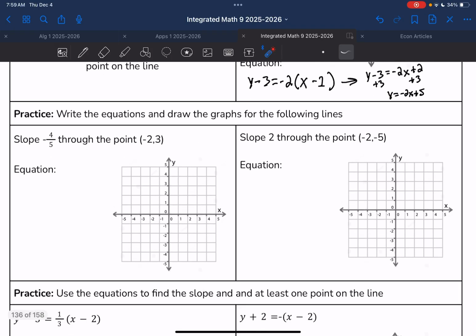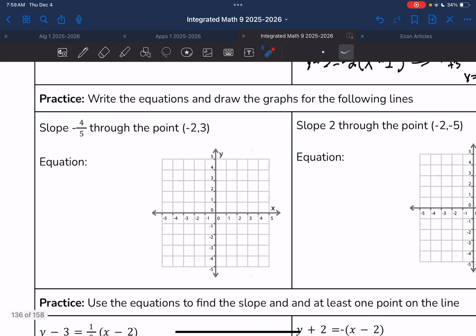That works too. All right, so now we have some examples down here where we want to write the equation and draw the graph. So I'll start with the graph. We know we go through -2, 3. We have a slope of -4/5, so I'm going to go over 5 and down 4, and put another point right about there. And then I can connect those like this.